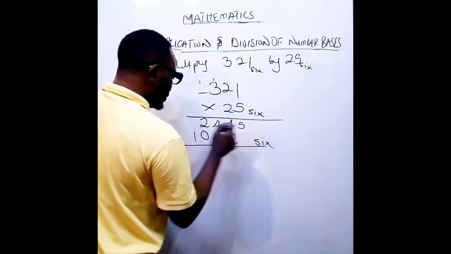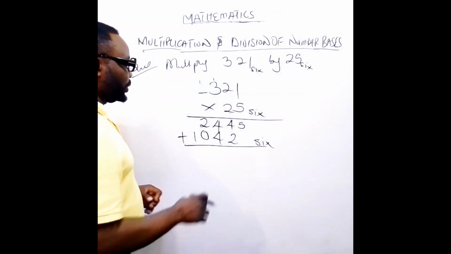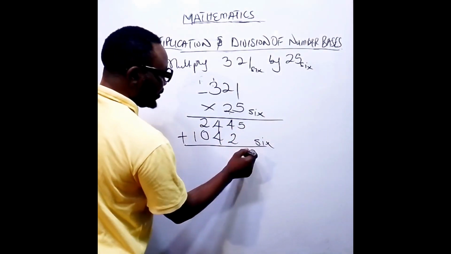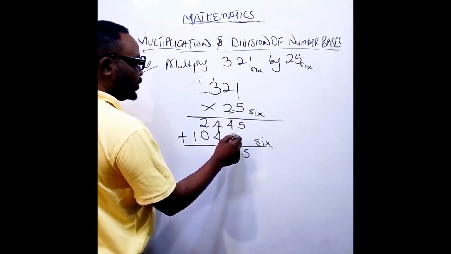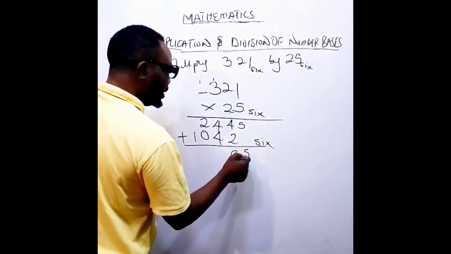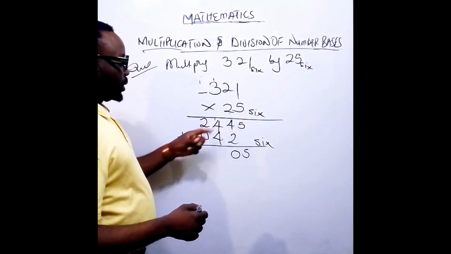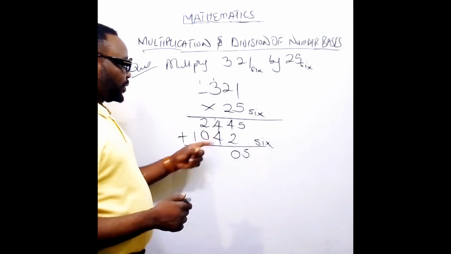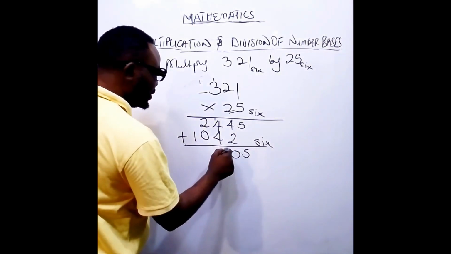You must make sure that you also do the addition in base 6 as well. 5 plus nothing is here, 5 plus 0, that will be 5. 4 plus 2, that's 6. Will I write 6 then? No, it will be 0. I have removed one 6, so I put it here. 1 plus 4, that'll be 5, plus 4 again, that is 9. 9 minus 6 is 3.